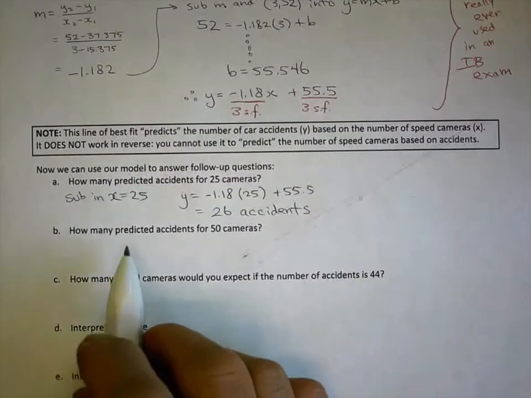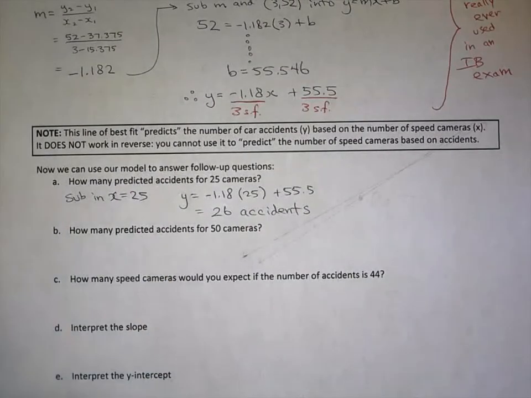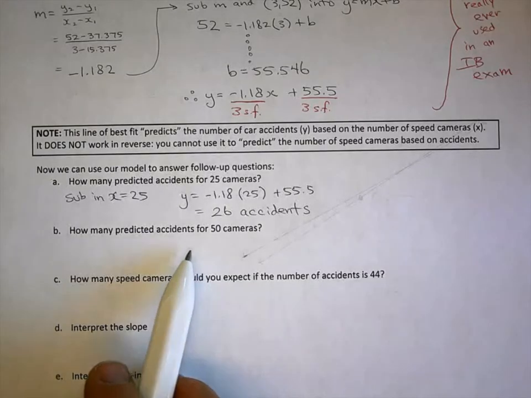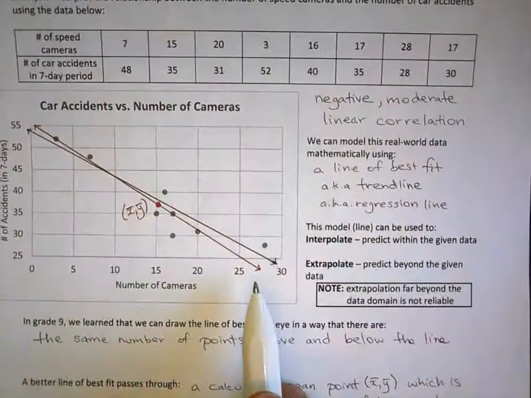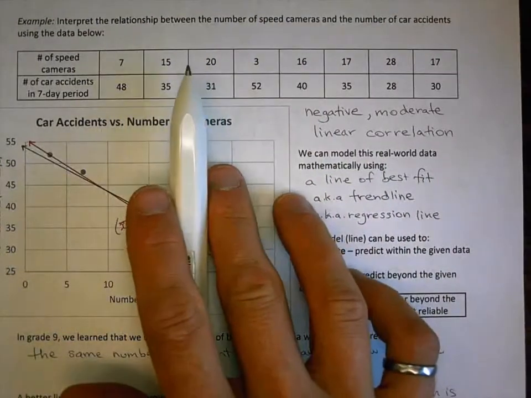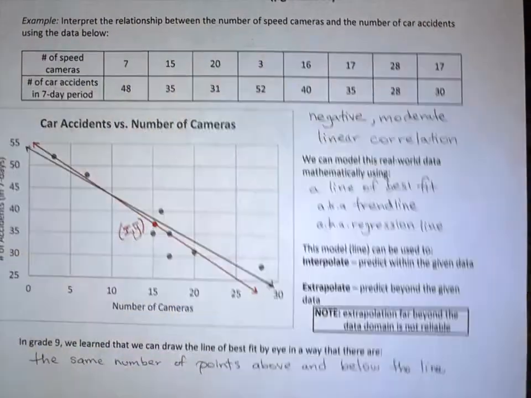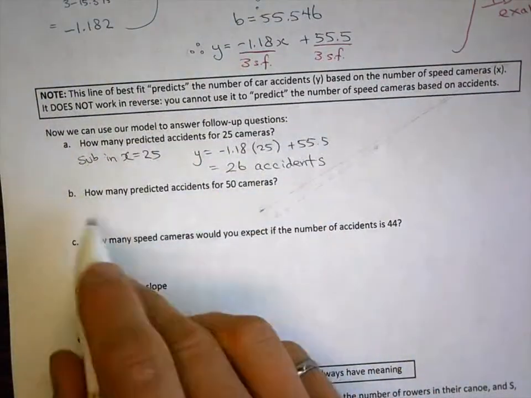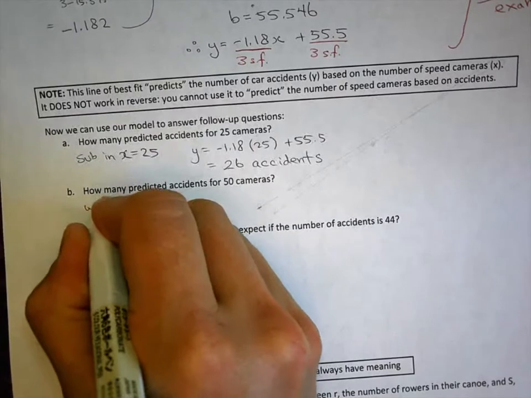How many predicted accidents would you expect for 50 cameras? Well, 50 cameras, like I told you, that's way beyond my data, right? We only had data that went from 3 to 28 cameras. So 50 is too far of an extrapolation. If someone asked you to do this, we would say we can't.